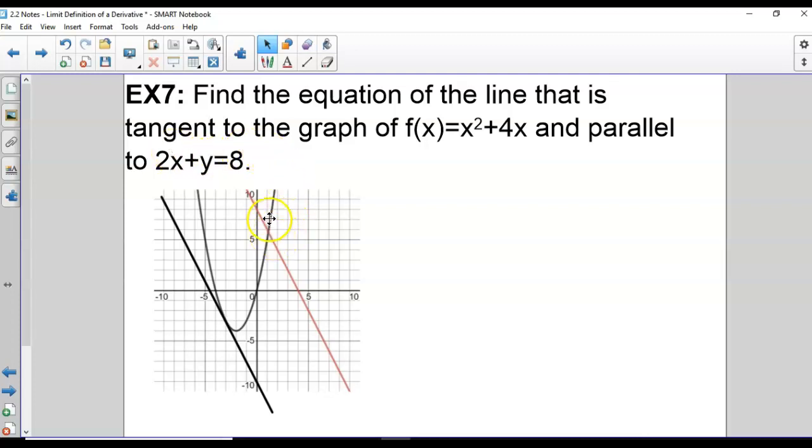So first of all, let's do this. I don't know this point right here where these two cross, but I could find the slope of this red line fairly easily. So if I've got 2x plus y equals 8, what do I do to find the slope of that line?